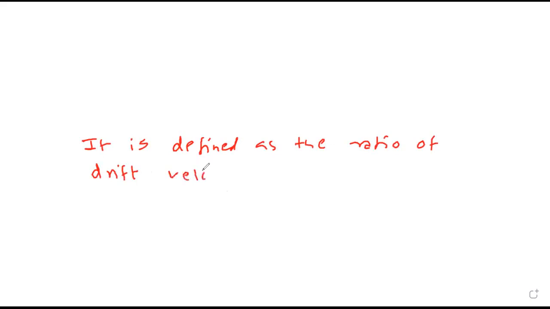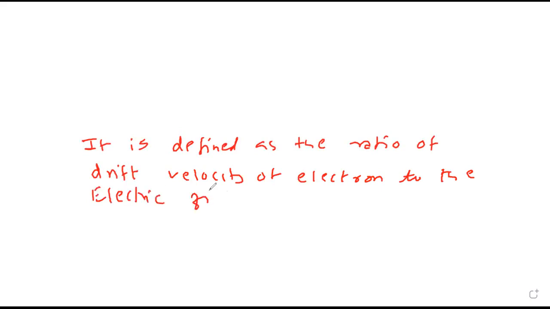It is defined as the ratio of drift velocity of electron to the electric field applied across conductor.